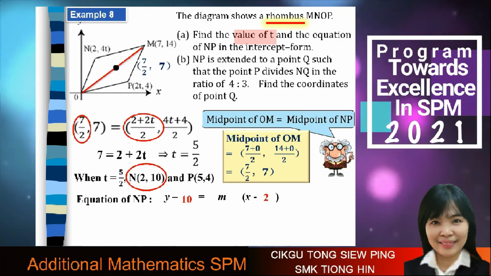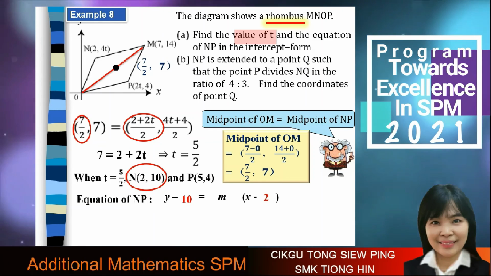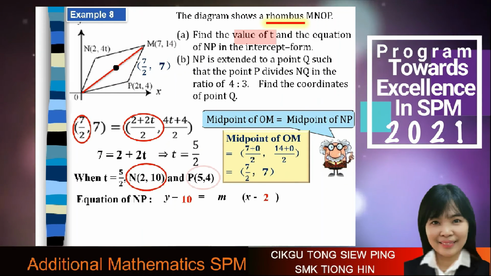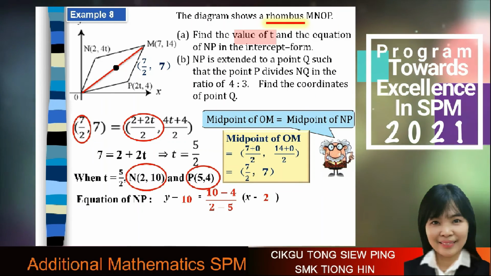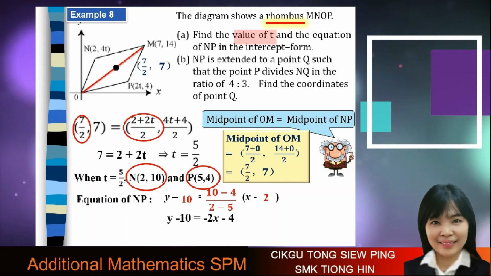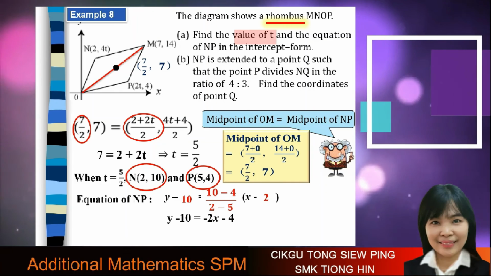However, m is not given, so we need to calculate the gradient of this line by using the gradient formula, that is 10 minus 4 divided by 2 minus 5. Use your calculator, you get the gradient is equal to negative 2.